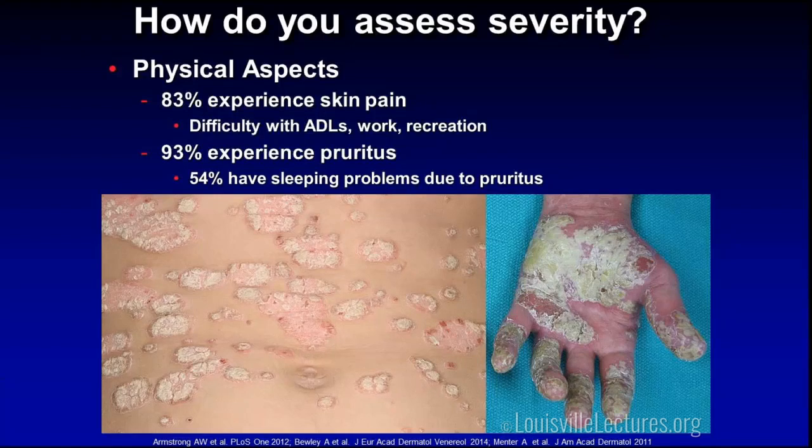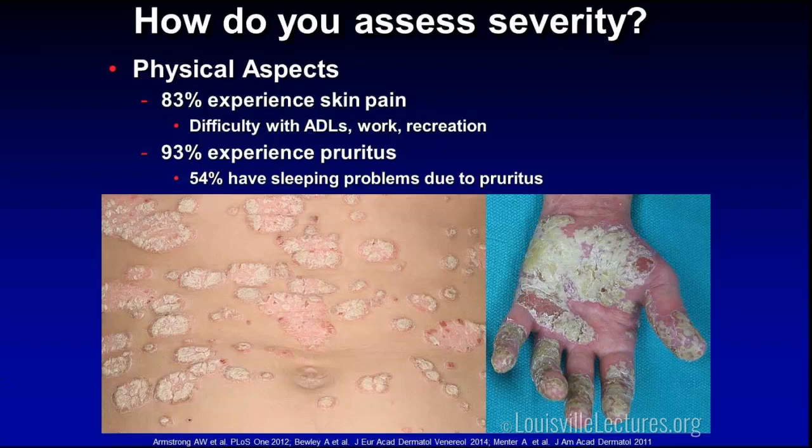For example, physical symptoms. A lot of patients with psoriasis have physical symptoms. Over 80% experience some degree of skin pain, and over 90% experience pruritus. And that pruritus can be severe enough in a significant percentage of patients to even affect their ability to sleep properly.